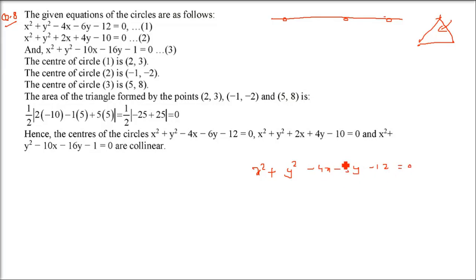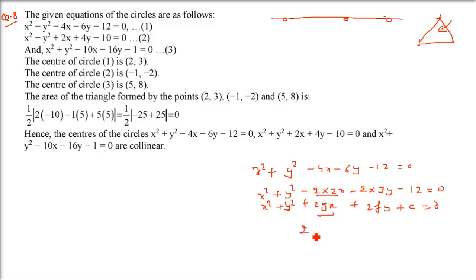We already did this, but just for completion, you will compare it with x square plus y square plus 2gx plus 2fy plus c equals 0. So I am writing minus 4x as minus 2 into 2x and minus 6y as minus 2 into 3y.